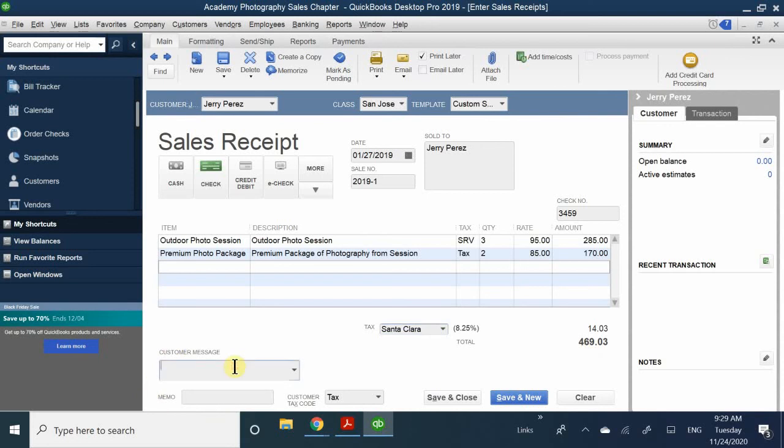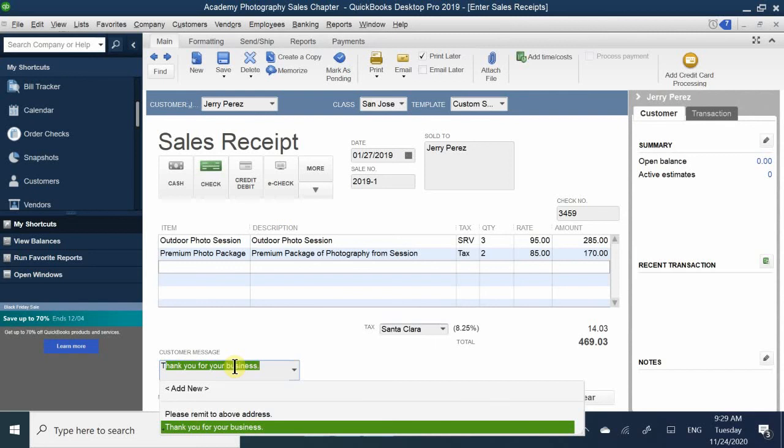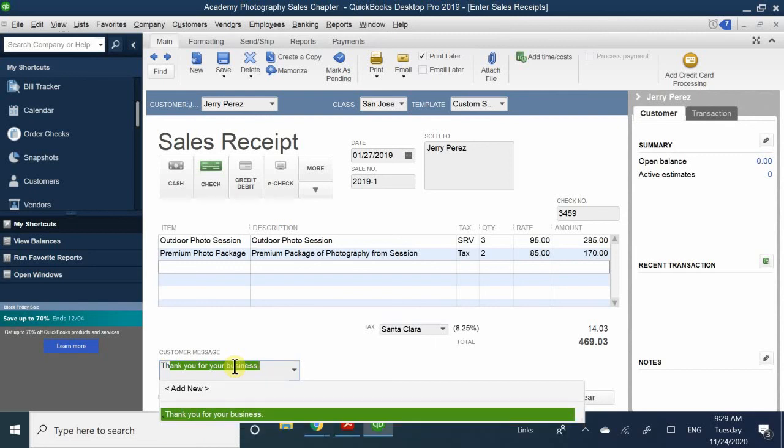And then lastly, we want to send a customer a message. So I'm going to say thank you for your business. Now, see, this is a pre-made invoice that you could have, okay, or a message that you could place on anything in regards to your customer.